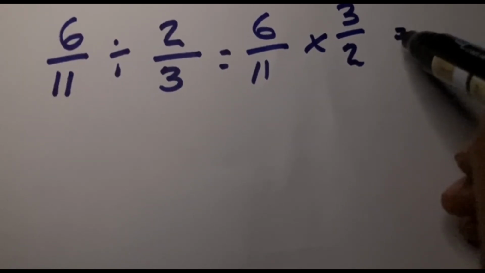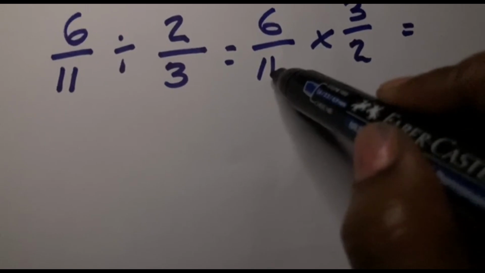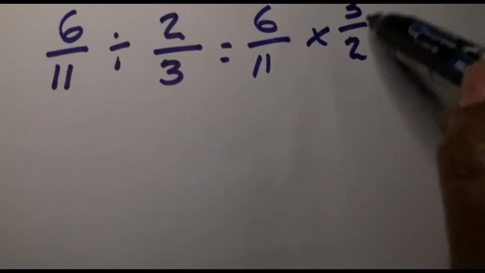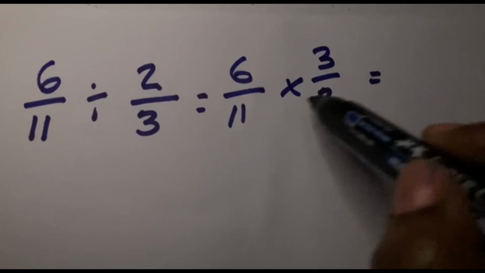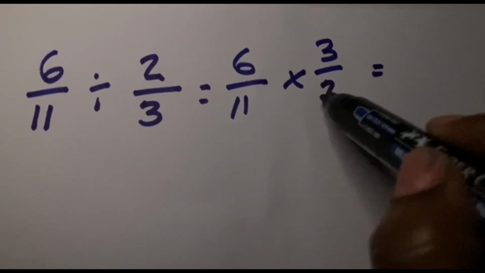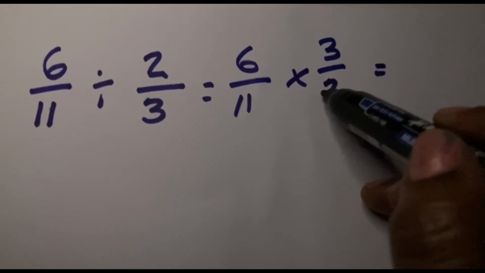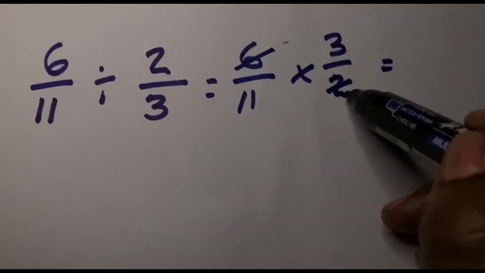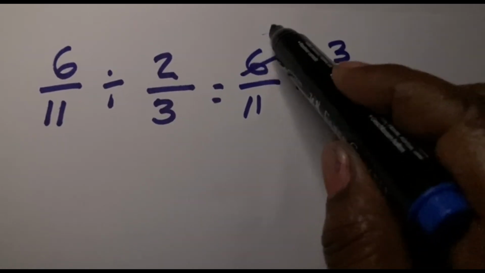Then simplify if we can. 6 and 11 don't have a common factor. 3 and 2 don't. Across, 11 and 3 don't. 2 and 6 do, so we can divide 2 by 2 and 6 by 2.